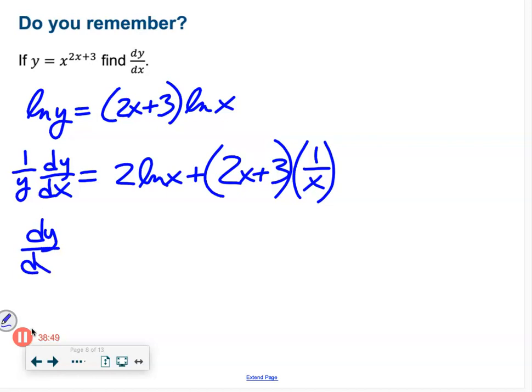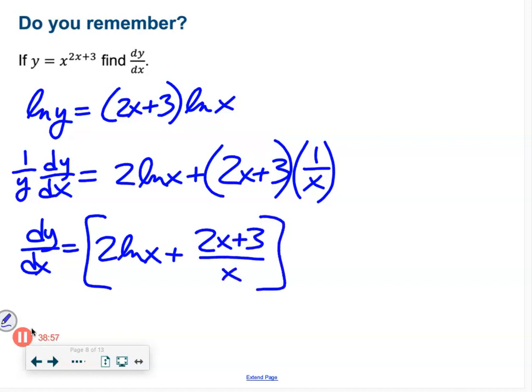So dy dx equals 2 ln x plus (2x plus 3) over x, times y, which is x to the 2x plus 3. All right. Everyone, the main thing here, apart from me harping on you, was just to know to take the log of both sides. Whenever you have an x to the x, you have to take the log of both sides.